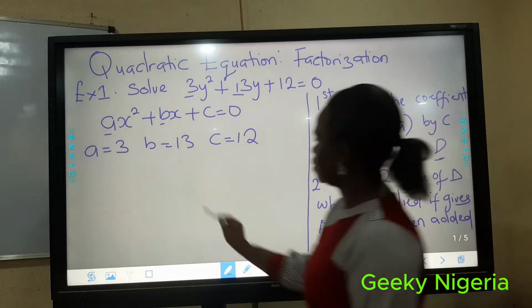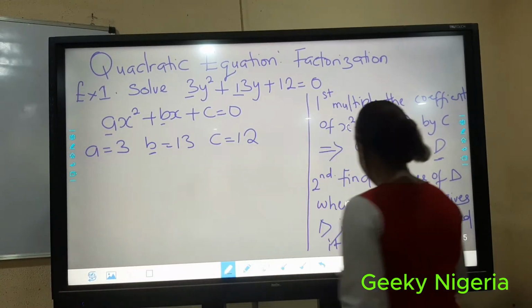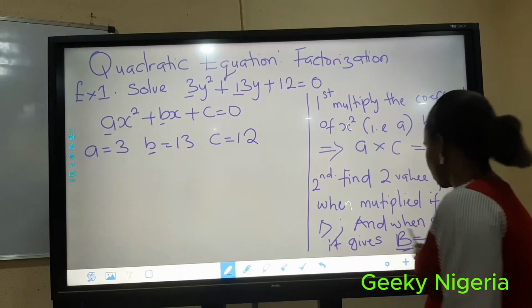That is, when added, it gives this b here, which is the same thing as this b here.